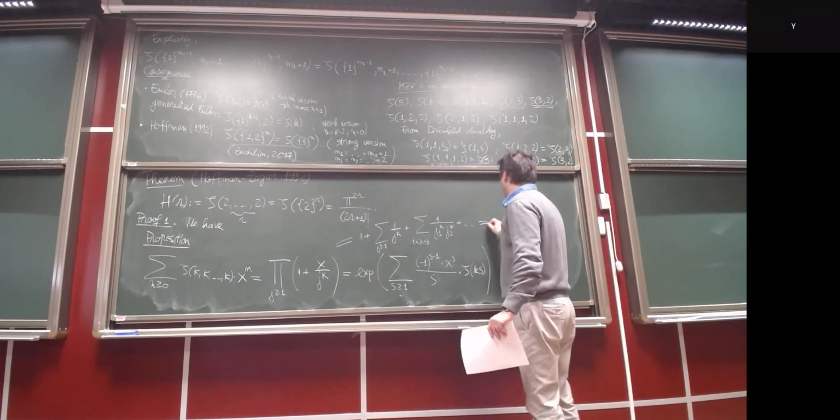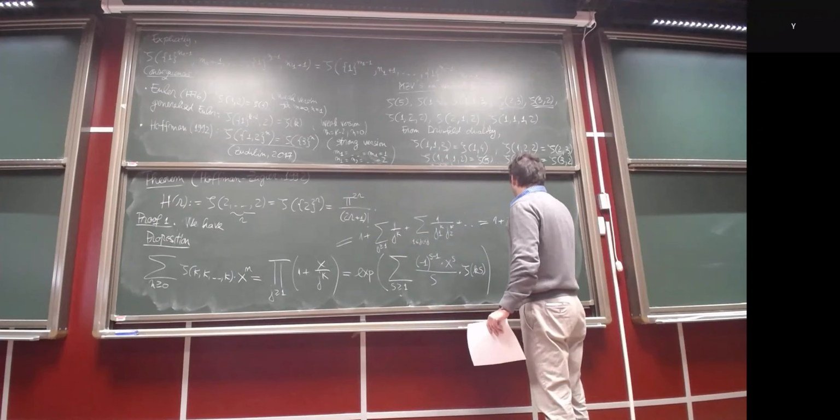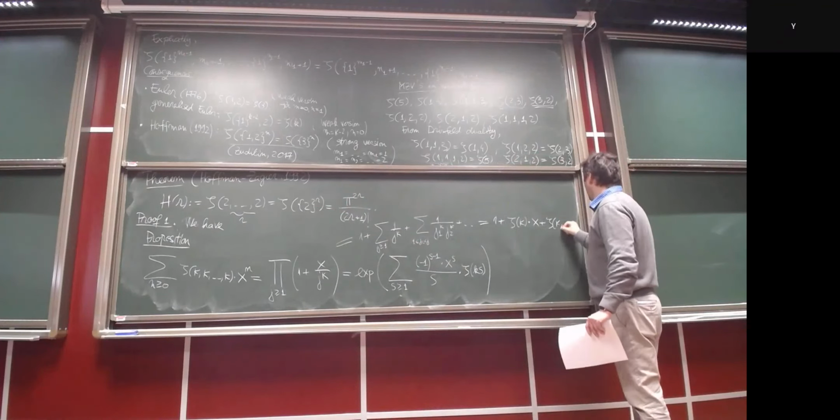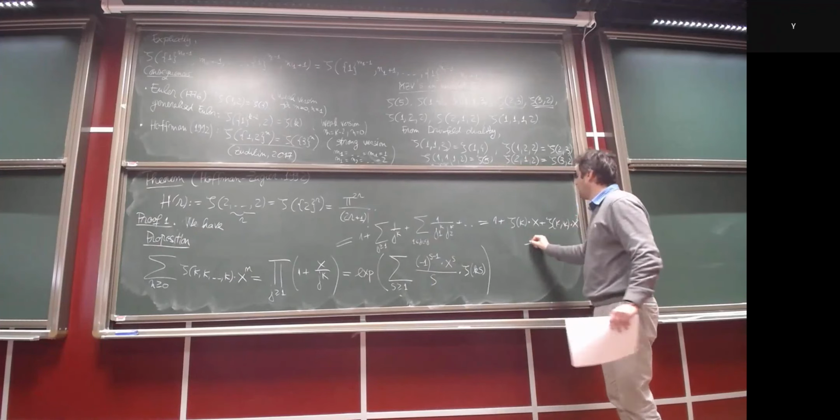In other words, you have 1 plus zeta of k times x plus double zeta of k times x squared, and you keep going.